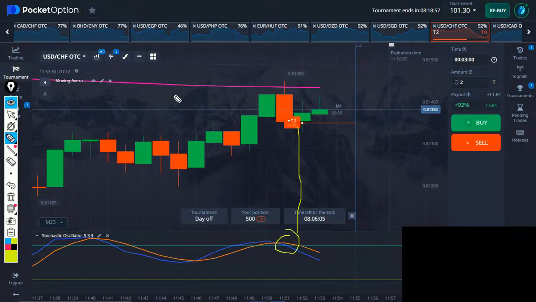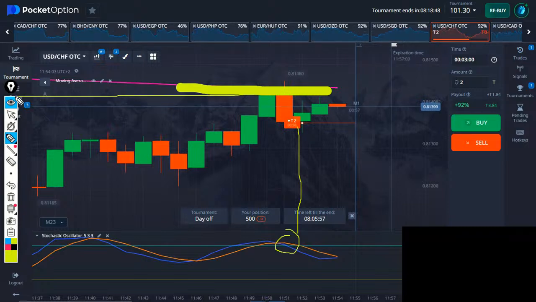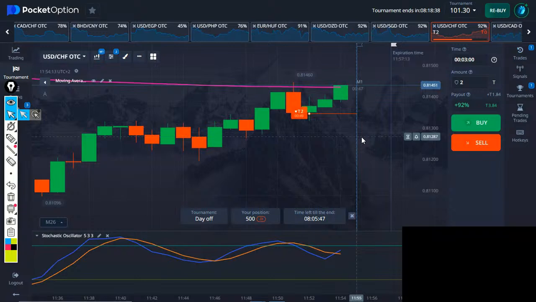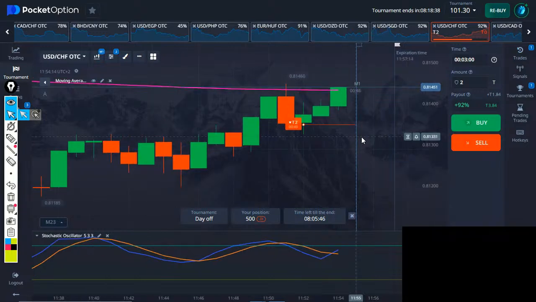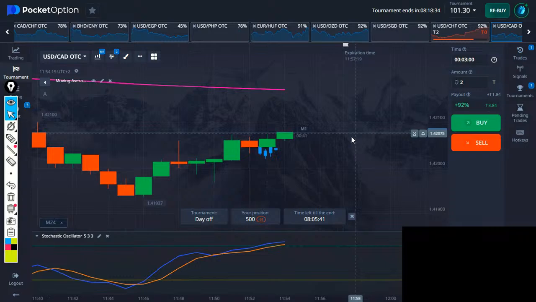The price is below the 200 EMA, and we have a strong support zone, resistance zone over here. Let's see. I'm not very optimistic about it. Let's look for another opportunity.